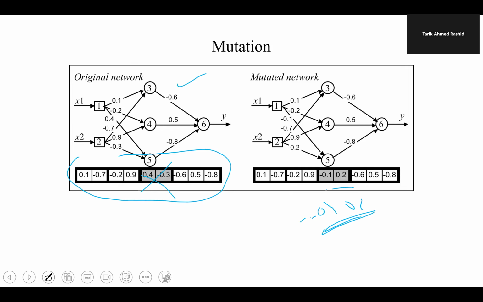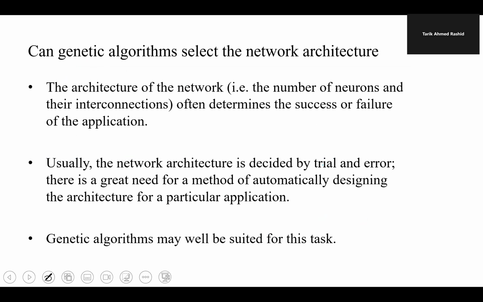So that is the mutated network, a new network. So mutation always happens within one solution. We have one child here, one network, and mutation is done on it by changing this bit with this bit, and the rest are the same.